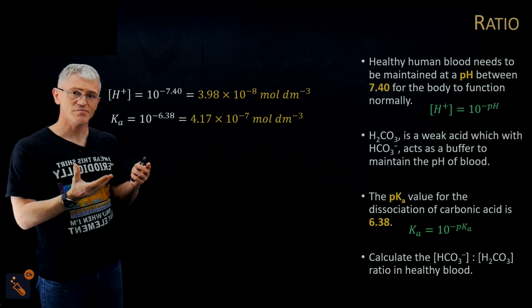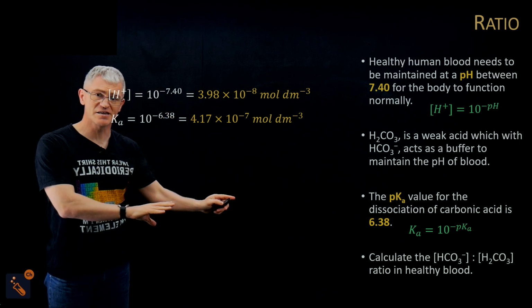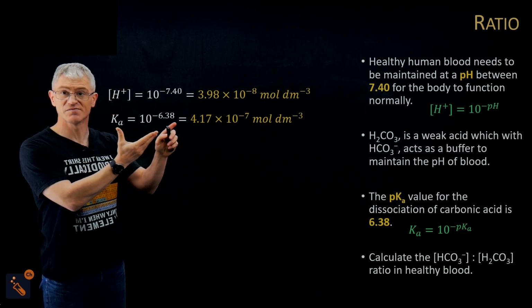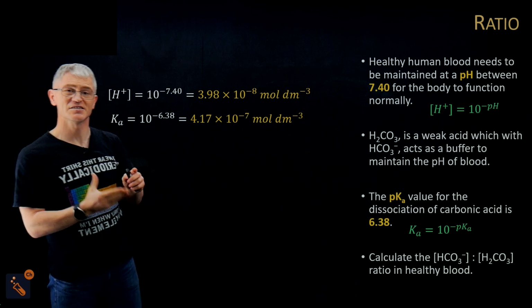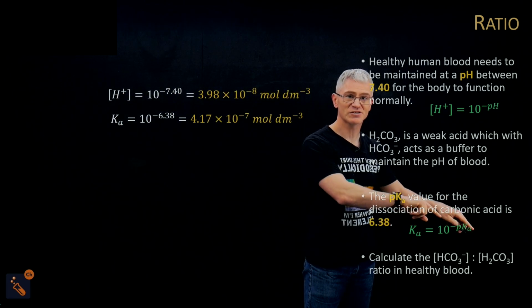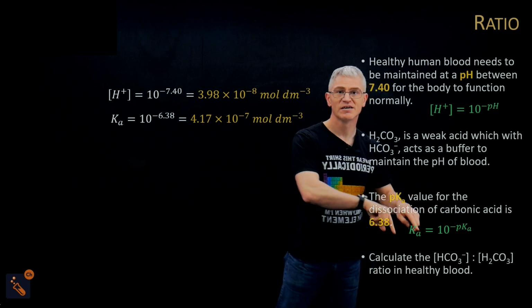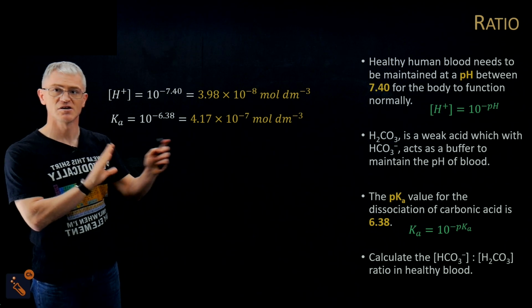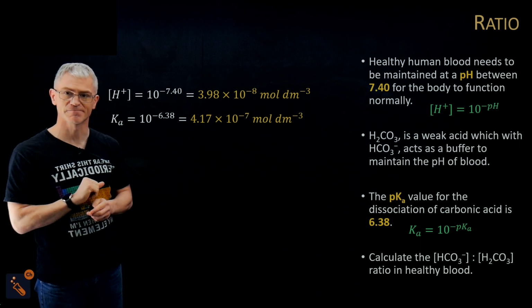Now, in the question, they give you a pKa of 6.38. So we'll convert that into Ka, using the same thing: Ka equals 10 to the minus pKa. So I've put in 6.38 there and converted it into Ka. So there you have your two values of H plus and Ka.